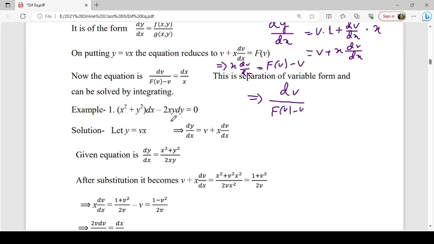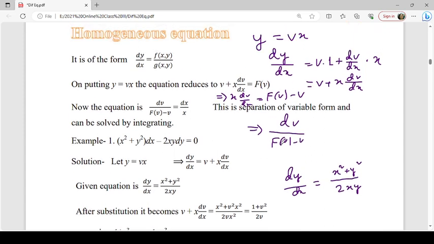We will have example number 1: dy dx is equal to x square plus y square, coefficient of dx, by 2xy, coefficient of dy. So this is f(x,y), x square plus y square, and g(x,y) is 2xy.